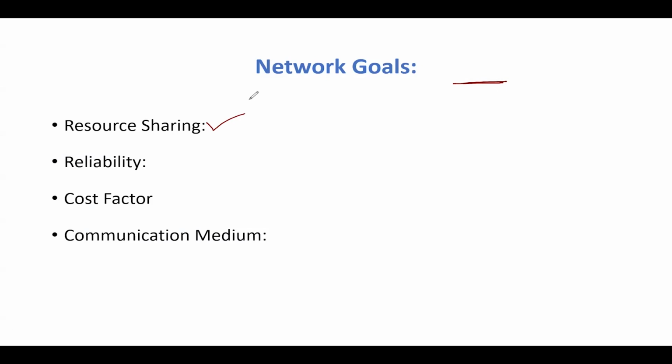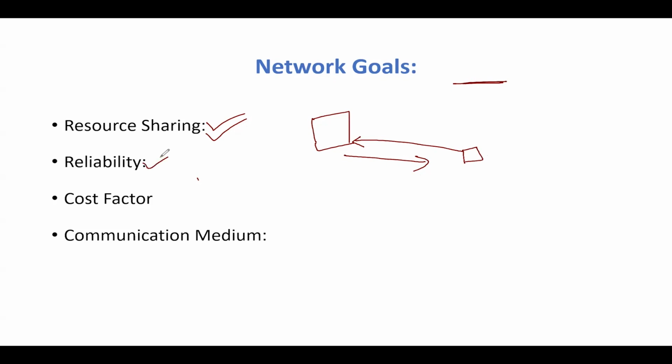Suppose a Google server is lying in some country and I am sitting in another country. With the help of the network, I can access their repository of data and get the information. These resources can be of different types: data, software, anything. So the very first goal of a network is resource sharing.